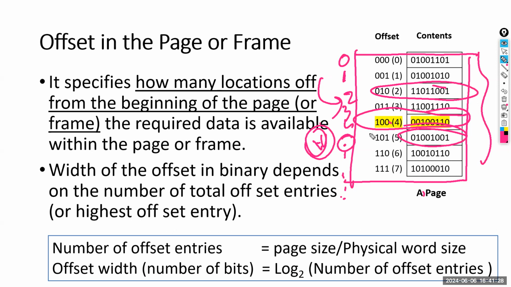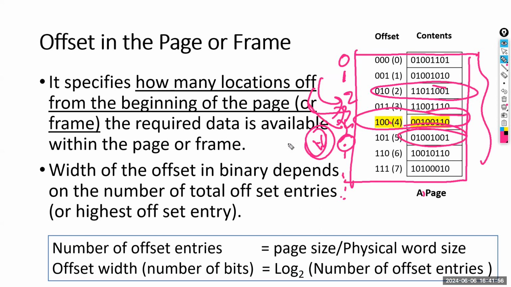Page number can be different from frame number, but offset is the same. Why? Because a page must fit into a frame. Therefore page size is the same as frame size, so the content is in the same order. If it is the 7th offset in your page, in your frame also it must be in the 7th offset.